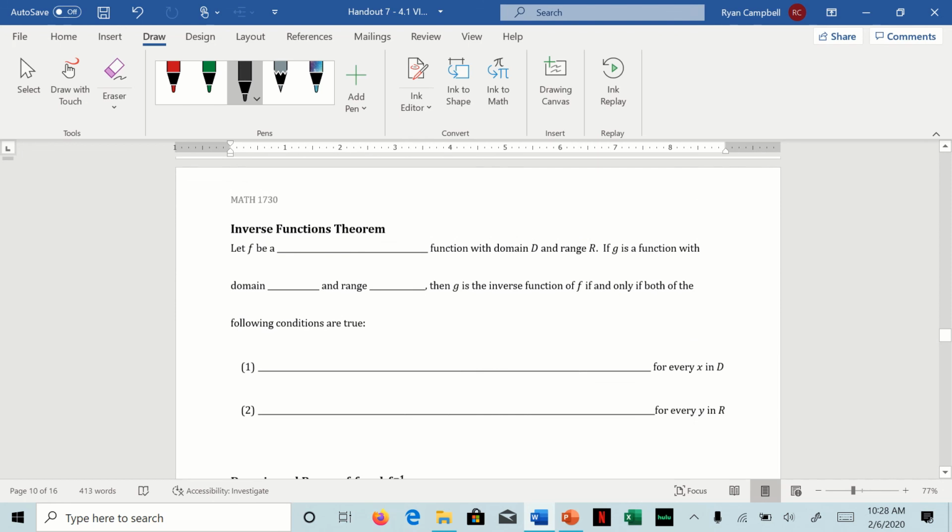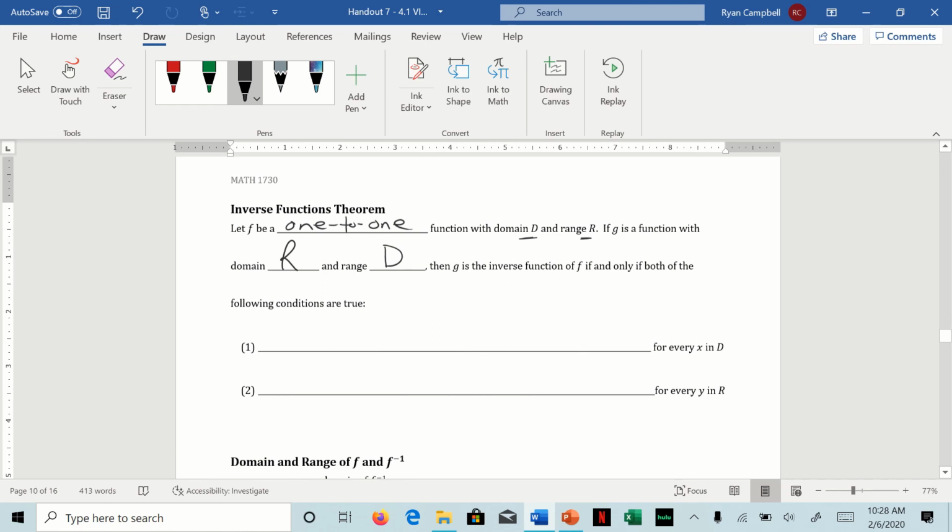All right, so the inverse function theorem. So here's a way that we can determine if things are inverse functions. Again, make sure that your function is one-to-one, domain D, range R. If g has them flipped, so the domain is R and the range is D, then we say that g is an inverse function if and only if both of the conditions are true.